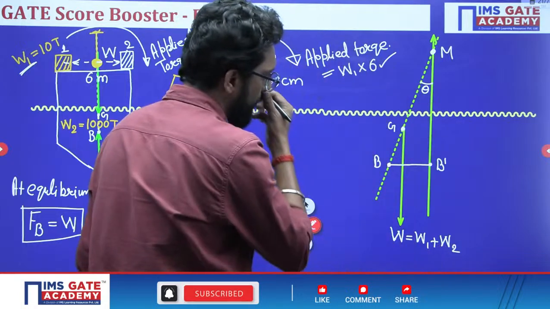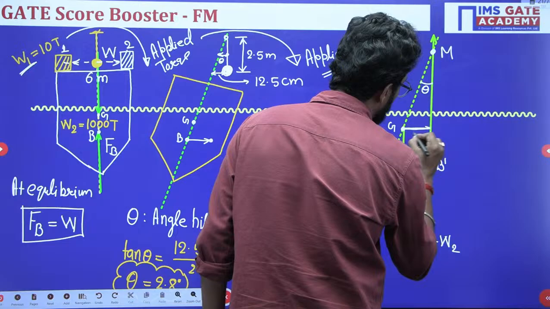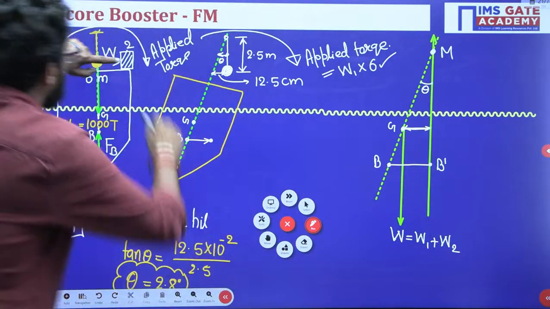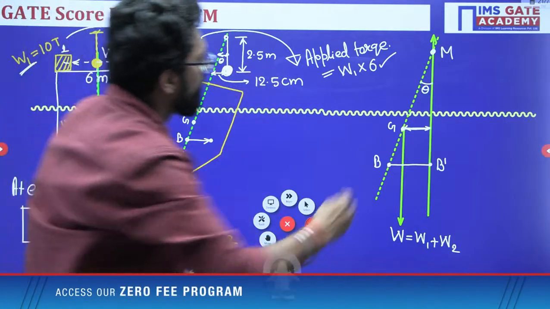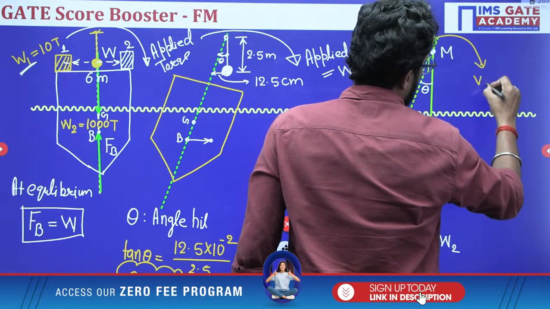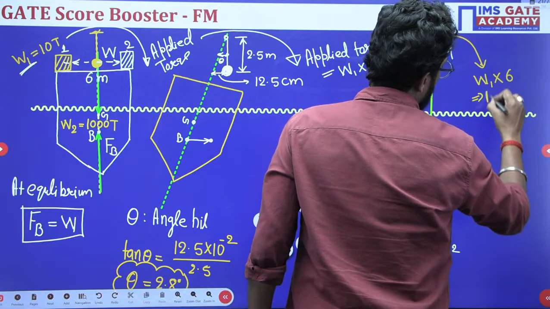And this is your arm length. So W1 into 6 meter is your applied torque.